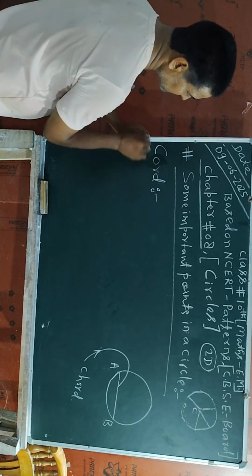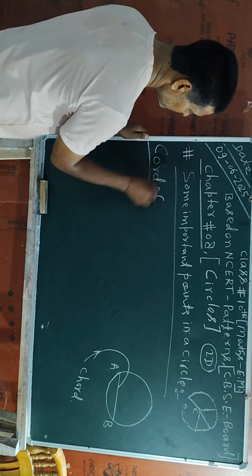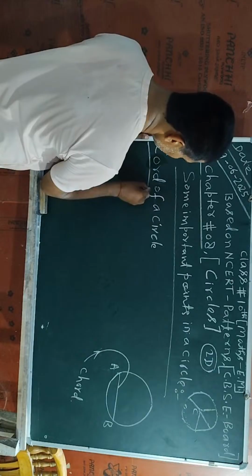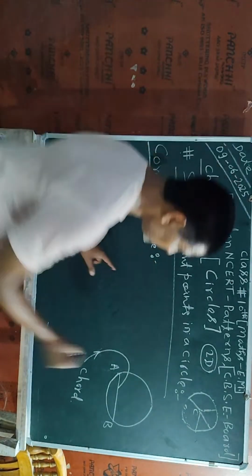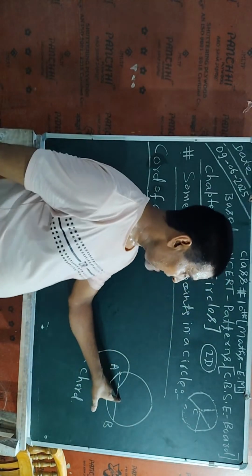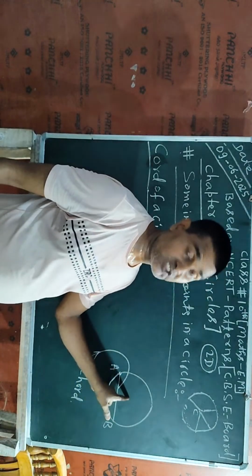What is the chord of a circle? A line segment joining any two points on the circumference of a circle is called a chord.